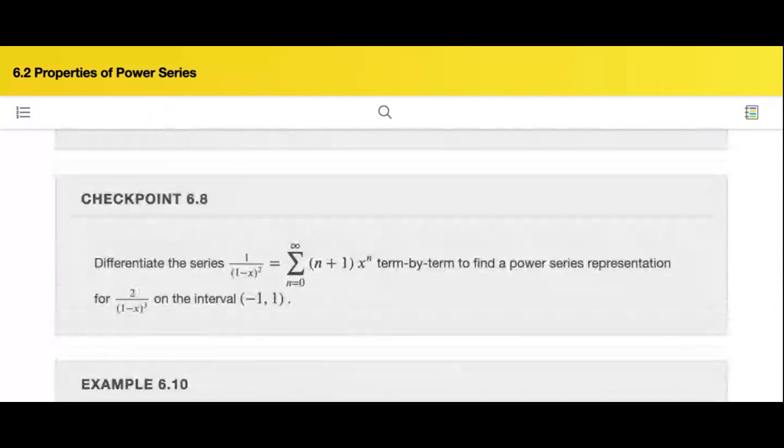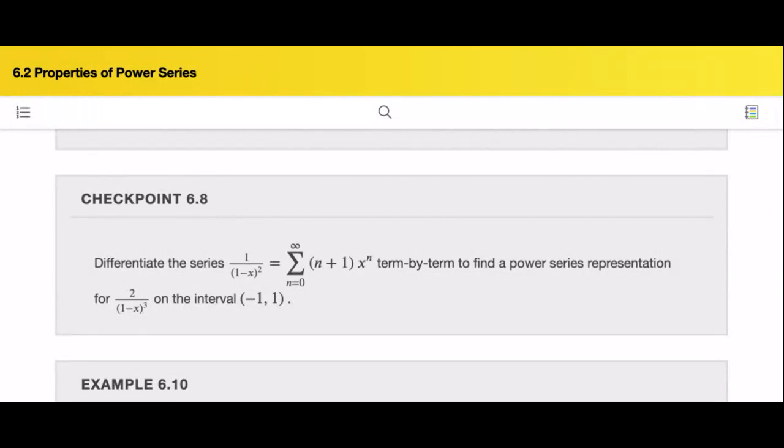So for this one, we can just write a couple of terms. The first term will be 1, because n equals 0. We have 0 plus 1, x raised to... no, x raised to 0 will be 1. So we have 1 plus, then n equals 1, 1 plus 1 is 2, x raised to 1.